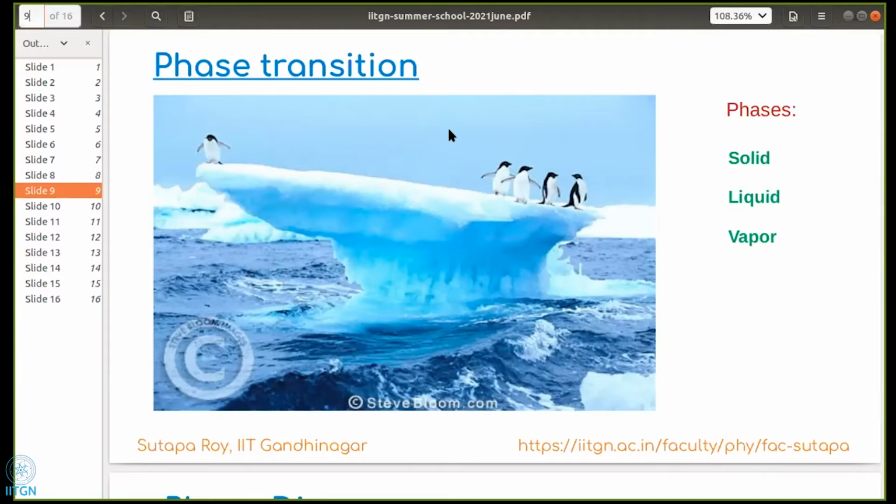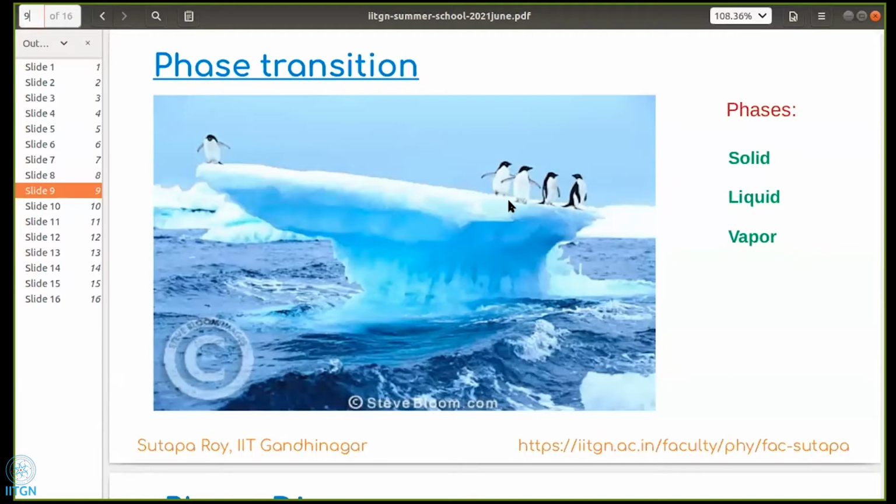You can have a similar kind of phase transition for magnetic systems as well. For example, I hope you have already come across the terms paramagnetic and ferromagnetic systems. You know that there exists a certain temperature, which is called the Curie temperature, above which, in certain kinds of magnetic systems, the order parameter is 0, or the spins are just randomly oriented.